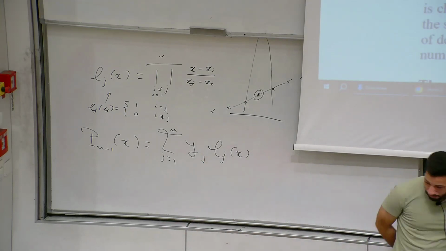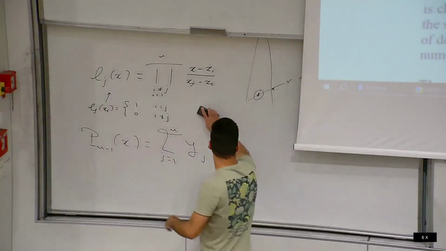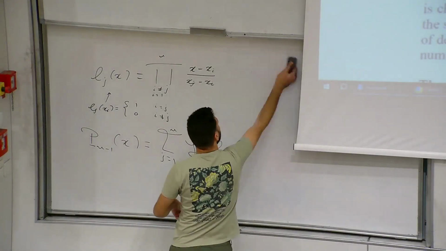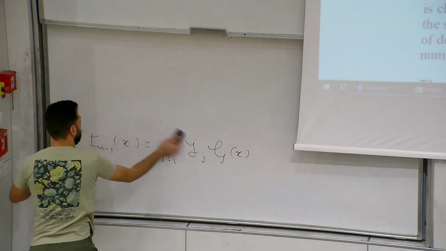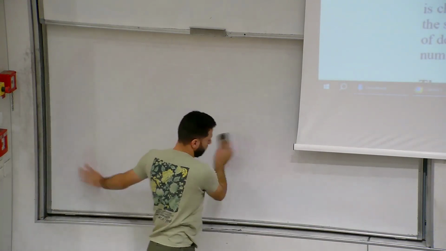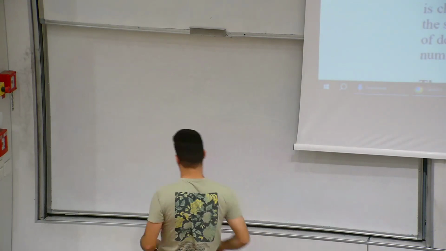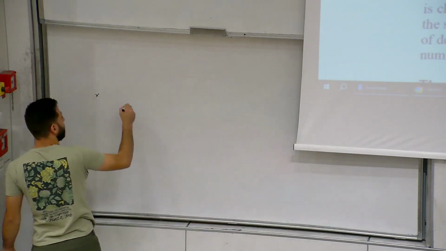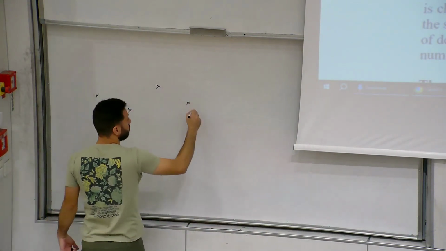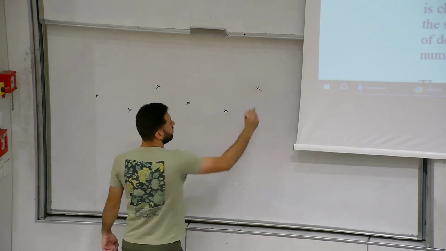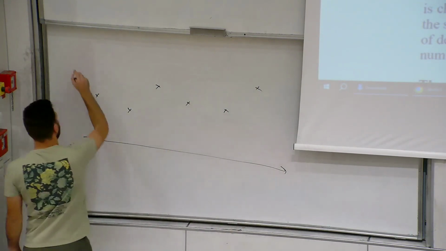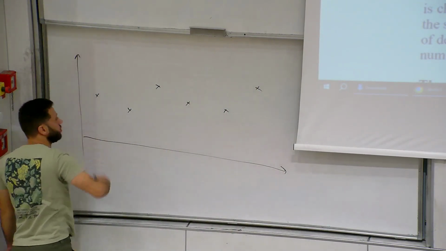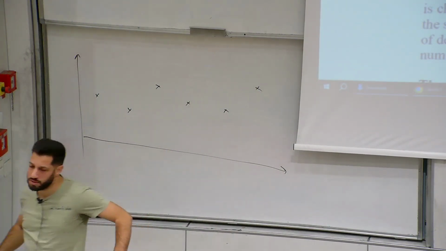So now our way of interpolation is to say, you gave me data, and in interpolation I want the function to pass through these points.